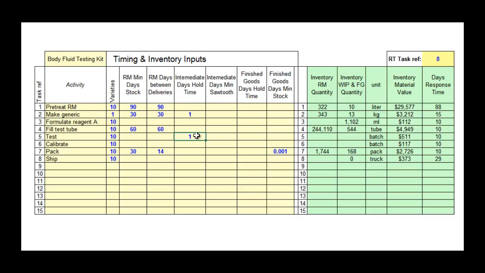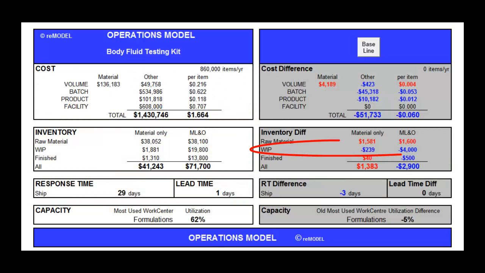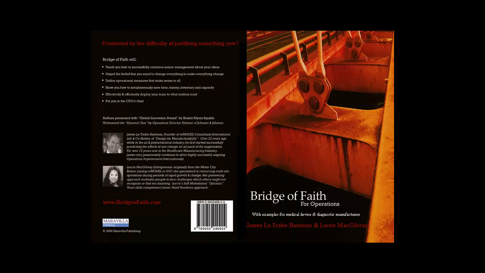We have a 1-day hold time after testing. Suppose we could remove that. That puts work in progress at least in a positive situation. So there are some things we might do. The last example is where your manufacturing has to react to a change imposed on it from outside. That's not an uncommon situation. For your information, these examples are close to scenarios 34 and 35 of our book, Bridge of Faith for Operations.